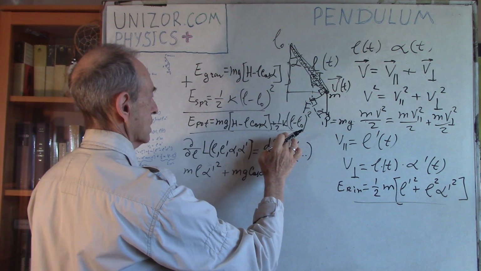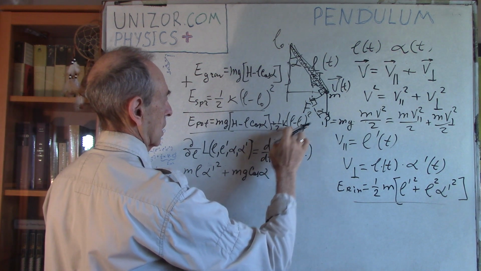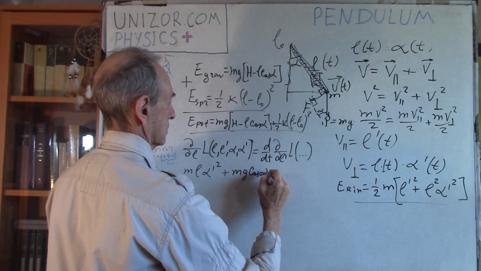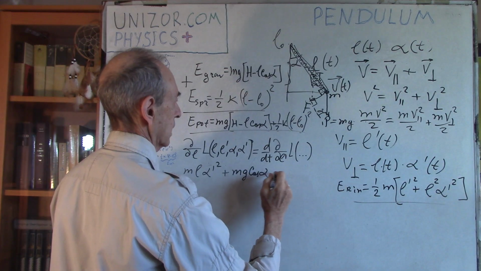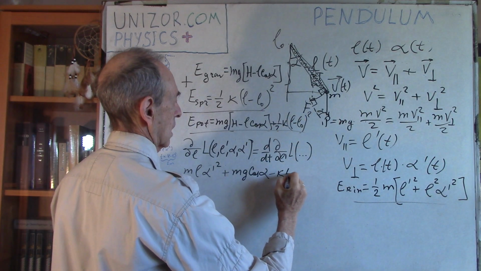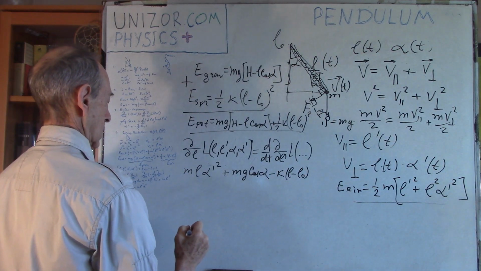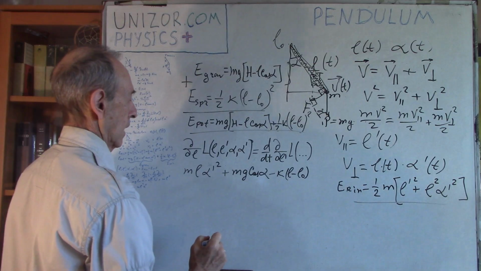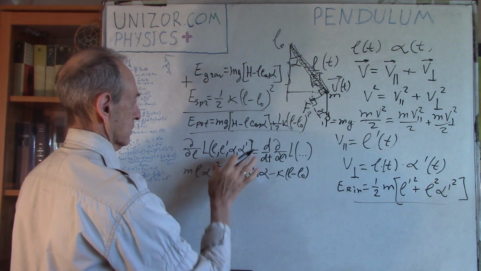And derivative of this would be, now this is plus, but minus was in front of it, so it would be minus 2, and 2 would be k times (L minus L0), all right? Yeah, that's it. So that's the left part of it, that's this one.